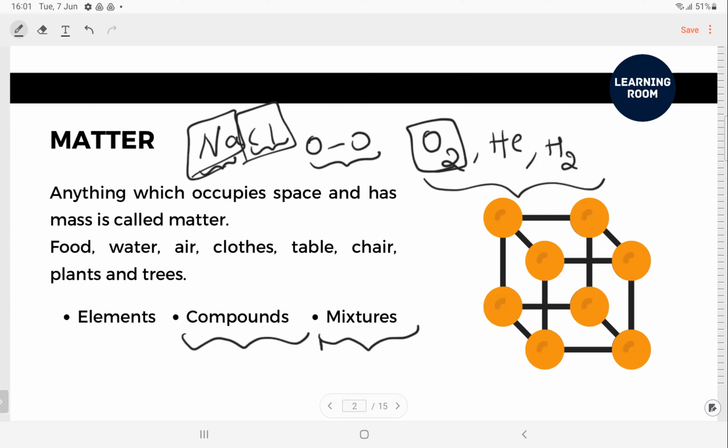Now, there are actually two types: homogeneous mixture and heterogeneous mixture. What is a homogeneous mixture? Sugar.